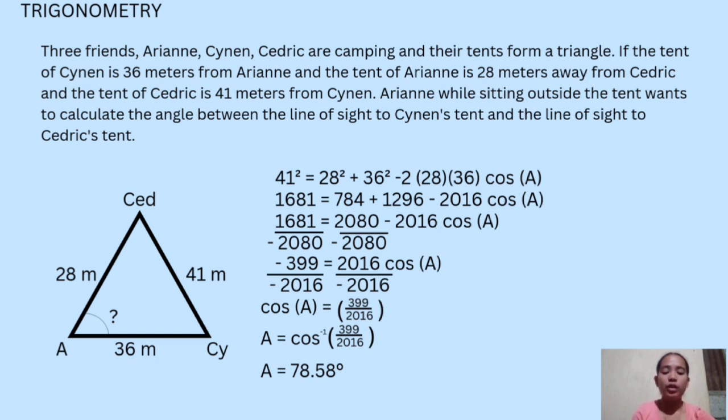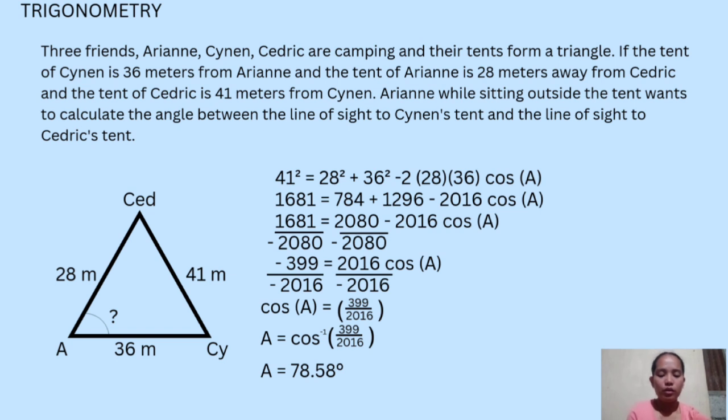784 plus 1296 equals 2080. We subtract 2080 from both sides, so we have now 1681 minus 2080 is negative 399 equals, and we just cross out the 2080 and bring down 2016 cosine A. Negative 399 equals negative 2016 cosine A. Divide both sides by 2016, to cross out the 2016 and bring down the cosine A. The negatives cancel, so it is now positive.